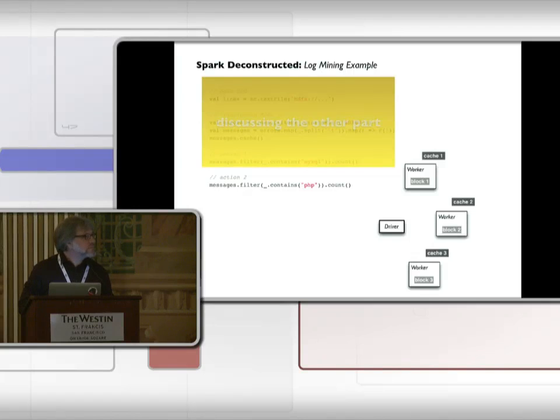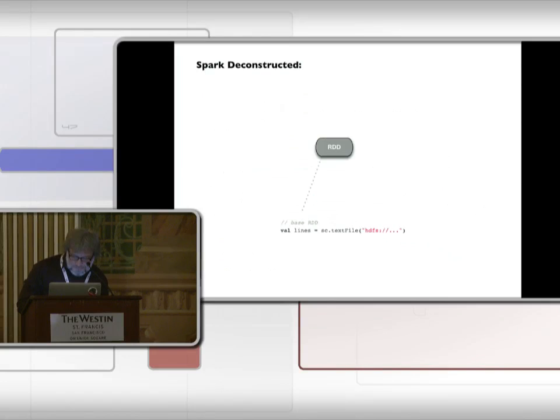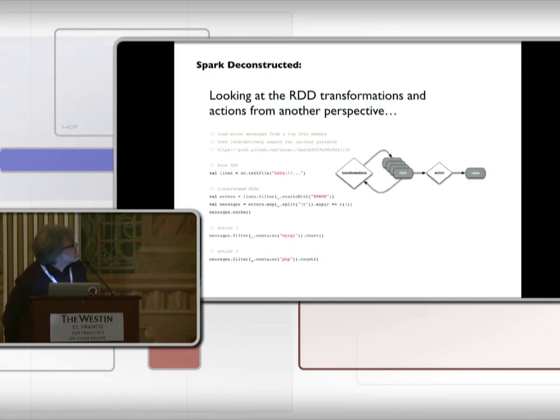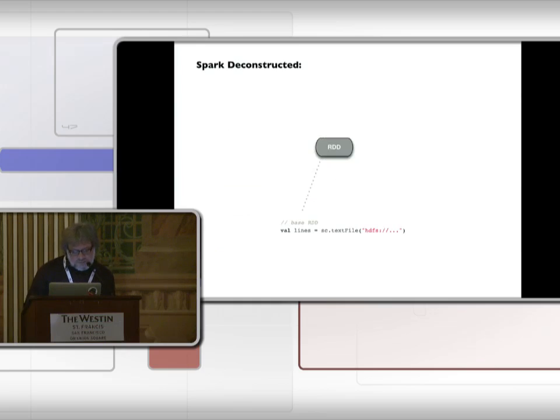Right here. Okay, how about here? Wow. Can you actually read this out there? I know this font's a little bit small on the screen. I want to show a slightly different view of this. If we take that same sample code and say we've got a base RDD where we're pulling in the files from HDFS, we're creating an RDD called lines.